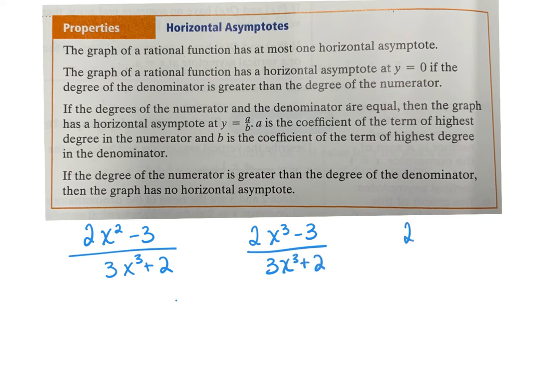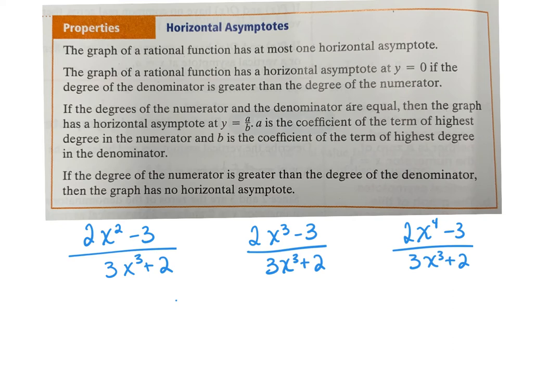And then I have 2x to the 4th minus 3 over 3x cubed plus 2. The only thing that changed are my degrees on top, right? So the first situation, the degree of the denominator is greater than the degree of the numerator. That's my first situation here. So I'm looking at degrees. Don't forget what degrees are. Degrees are my highest exponent.